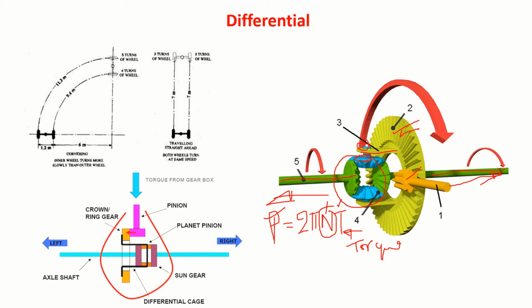Now, what is the disadvantage of this? The disadvantage is, suppose this vehicle is moving on a road. Let us say one of the wheels is on a slippery road, where the mu value, the friction, is low. The other is on a dry road.